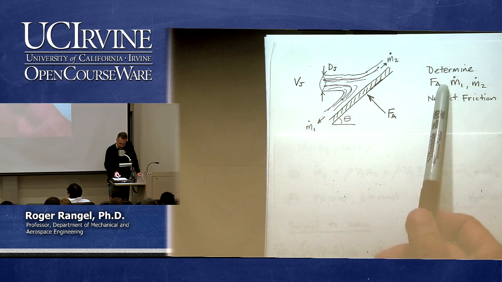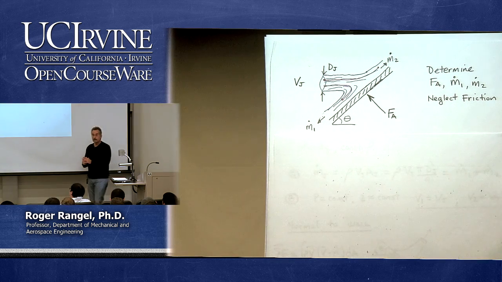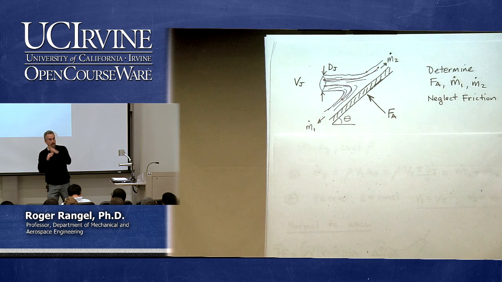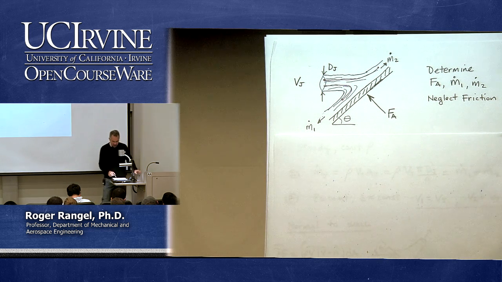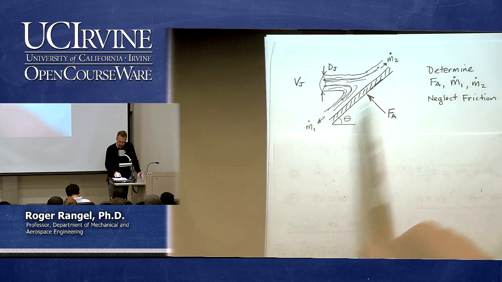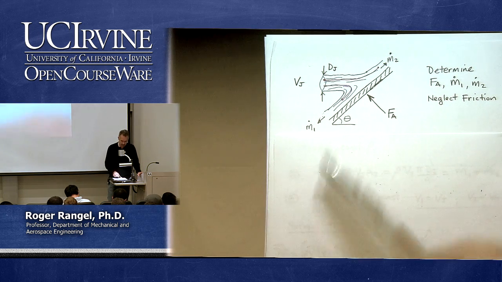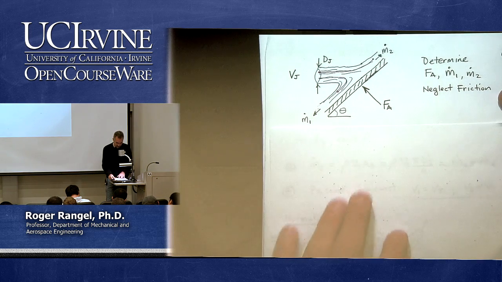So we're asked to find what force applied perpendicular to the wall is needed to hold that flat surface in place. Obviously, if I don't hold that plate with a force, the jet is just going to push it to the right. And to also find how much of the mass flows up and how much of the mass flows down. So m dot 1 is the mass flow down, and m dot 2 is the mass flow up.